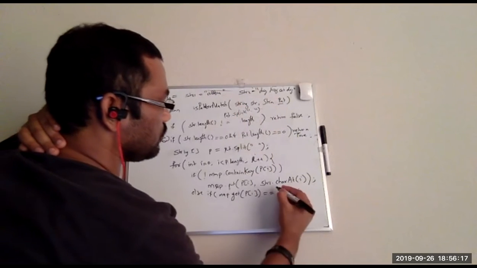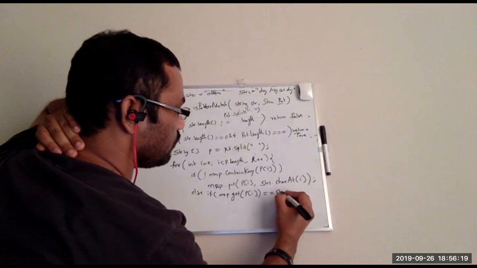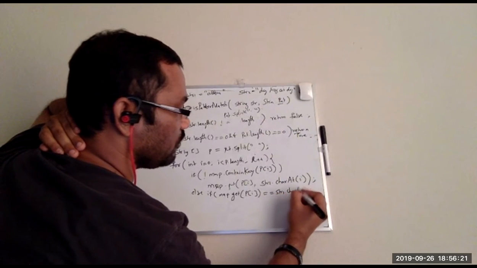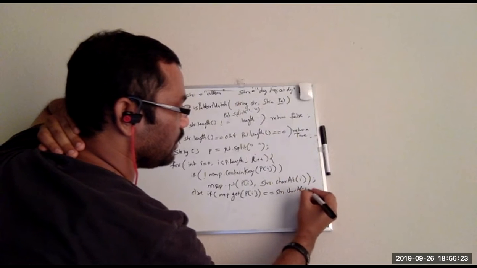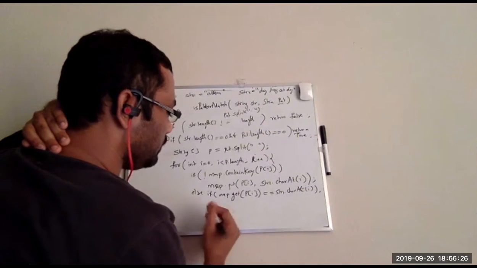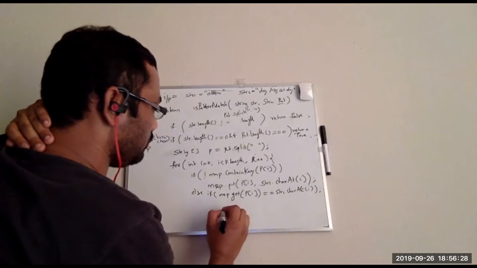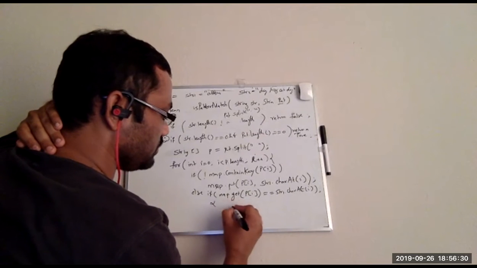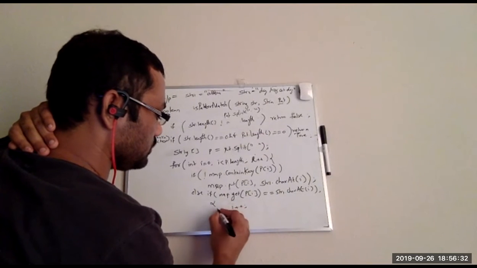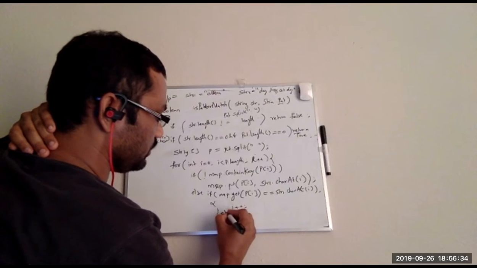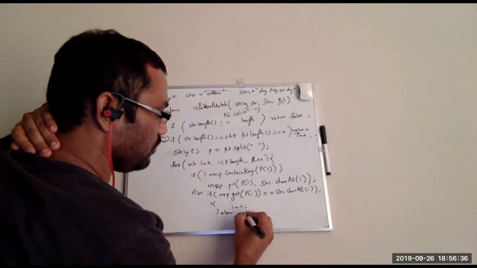So we need to check with string one char at i. If it matches, we'll just continue with i plus plus. Else we'll return false.